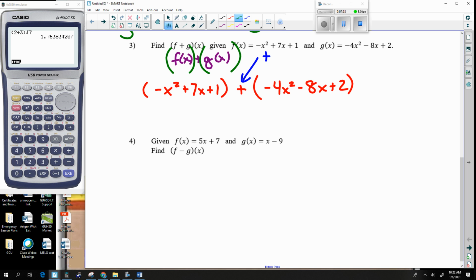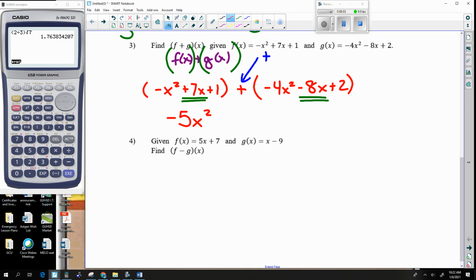Again, like terms, so x squareds go with x squareds. So I have -1 plus -4, or aka -1 minus 4, so that would be -5 of those x squareds. X's go with x's. Again, because the middle is a plus, we don't have to worry about any funny business going on.